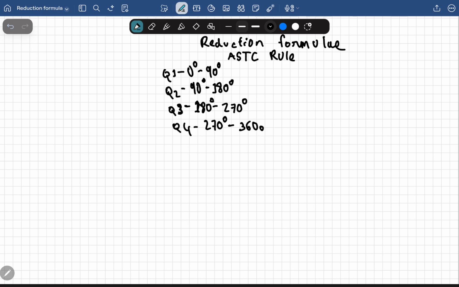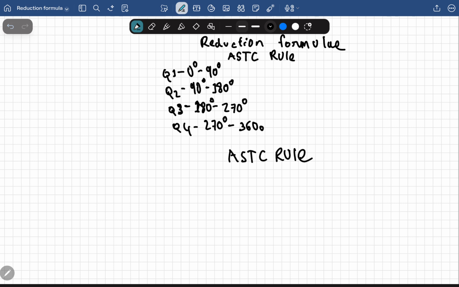Now, the basics are that quadrant 1 supports 0 degrees to 90 degrees. Quadrant 2 supports 90 degrees to 180 degrees. Quadrant 3 supports 180 degrees to 270 degrees. And quadrant 4 supports 270 degrees to 360 degrees. Now let's talk about the ASTC rule, which is prominent in what we are doing right now.